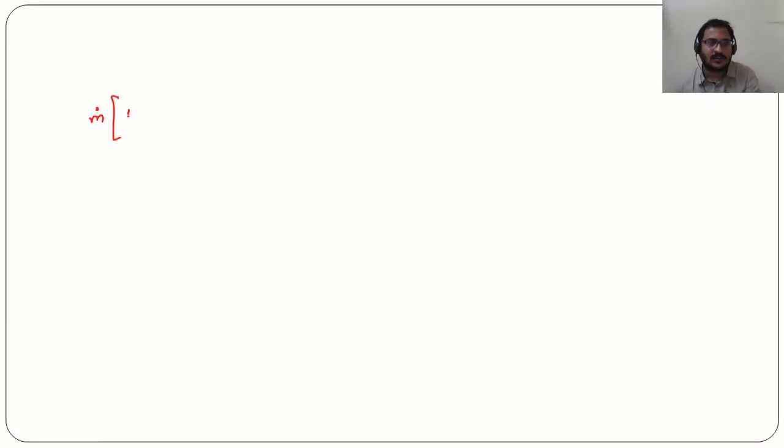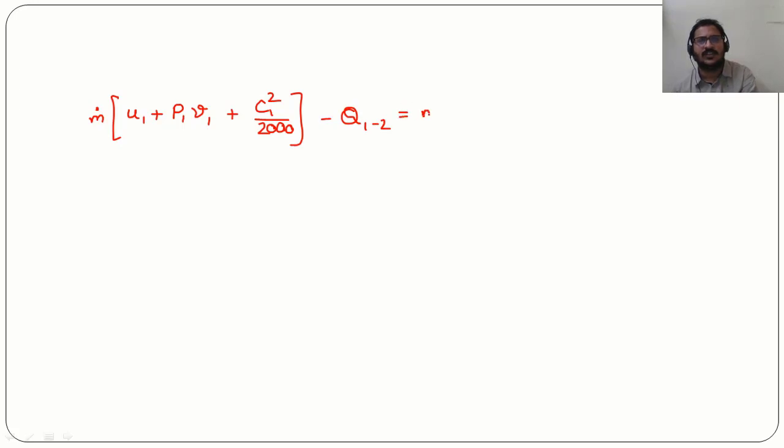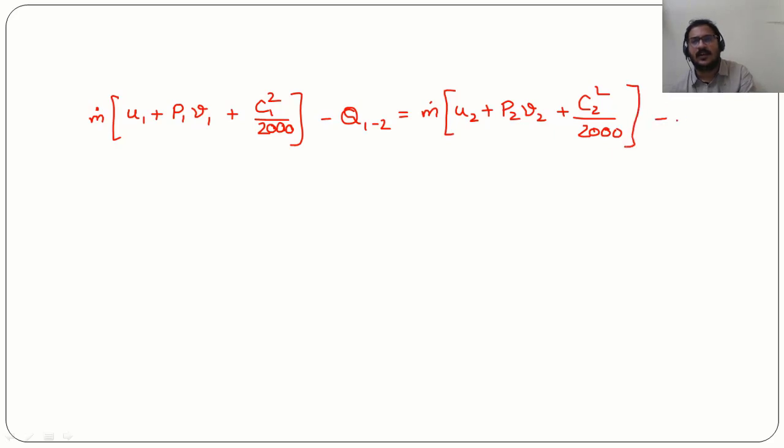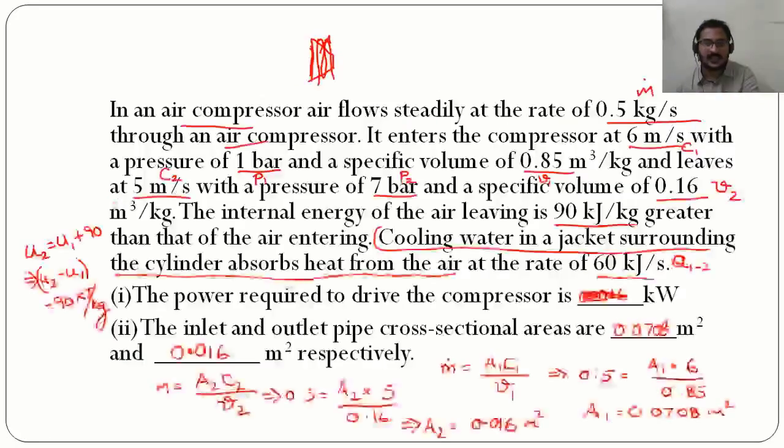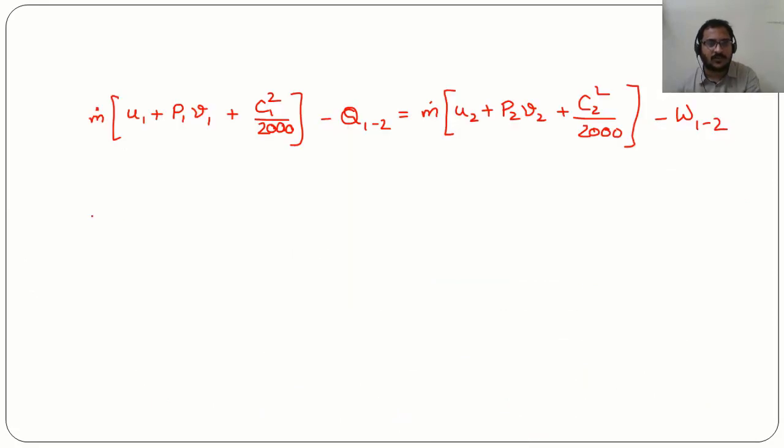So m dot into U1 plus P1 V1 plus C1 square by 2000 minus the amount of heat rejected, is equal to m dot into U2 plus P2 V2 plus C2 square by 2000 minus amount of work input that we are giving. So as he has not given potential energy variation, no need of considering it here. So work done you need to calculate.